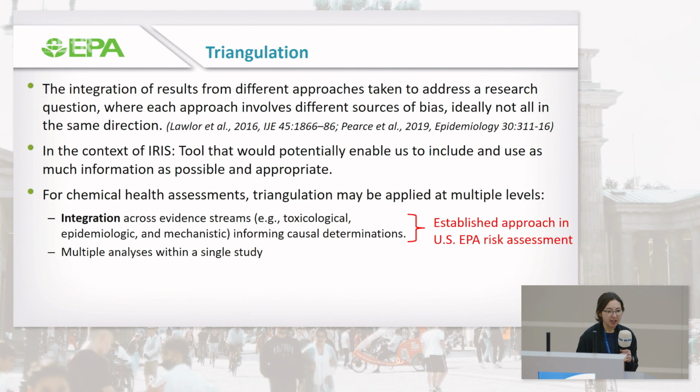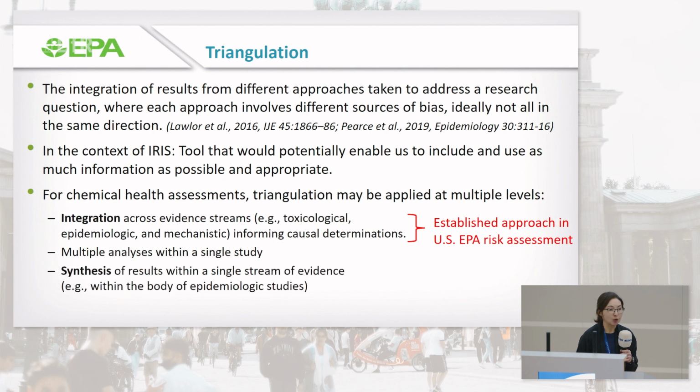And really, for looking at integration across evidence streams, so drawing together the weight of evidence from animal, human, mechanistic, this is a more established approach, both in the IRIS program and other parts of the US EPA. But what is less formalized and less commonly referred to is when we're looking at the evidence synthesis stage, and we're trying to see how we can use triangulation, either looking at a single study or within a group of studies in a single stream of evidence.